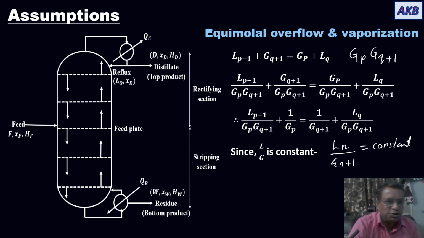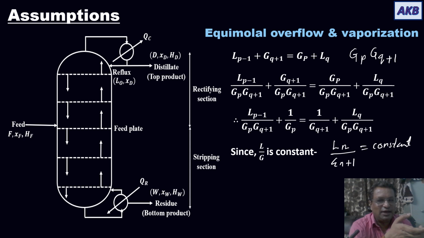So if you look at this ratio, in the numerator you have liquid flow, that is liquid flow rate of the liquid that is leaving nth tray, and this is vapor flow rate that is leaving n plus 1 tray. So we want liquid flow of a previous tray. So here LP minus 1 is a previous tray and P is the next tray.